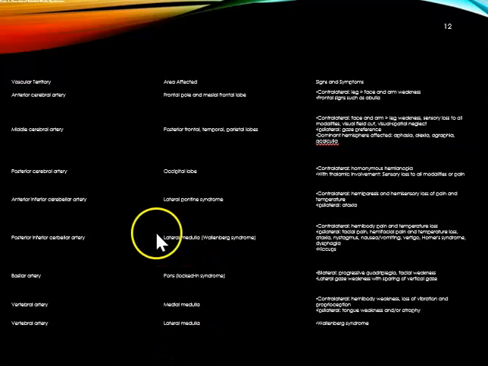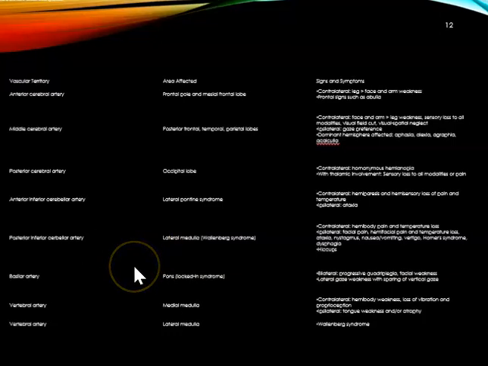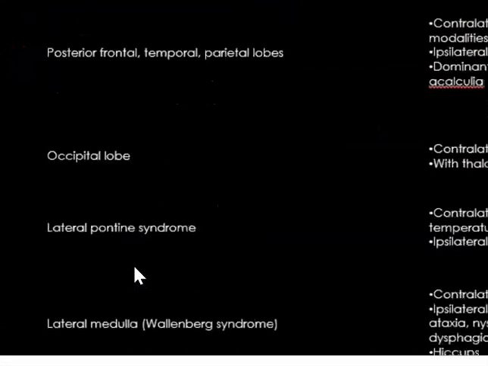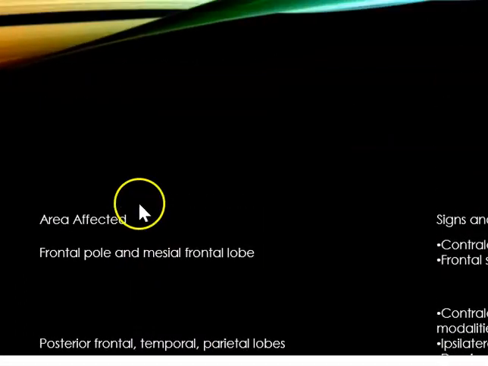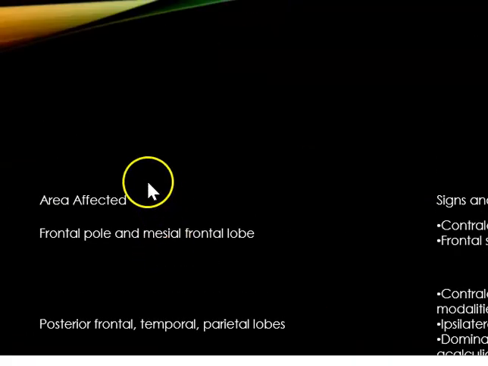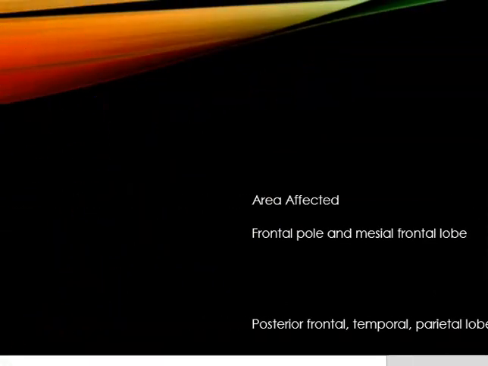This slide looks a little bit scary, but I'm going to skip it completely. I'm leaving it in the PowerPoint presentation for those of you that are curious, and I'm going to zoom in on it just a little bit. So what is listed here are different types of strokes and how it's going to affect the area.